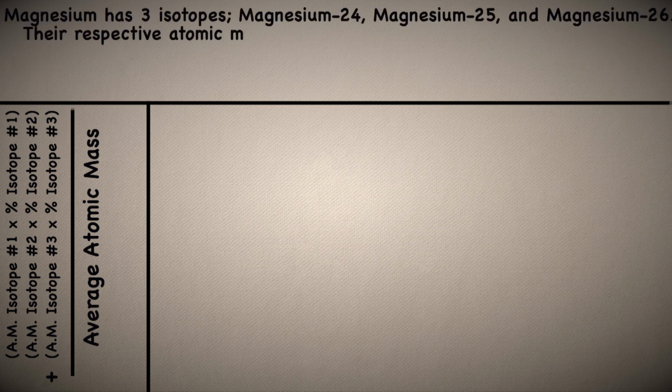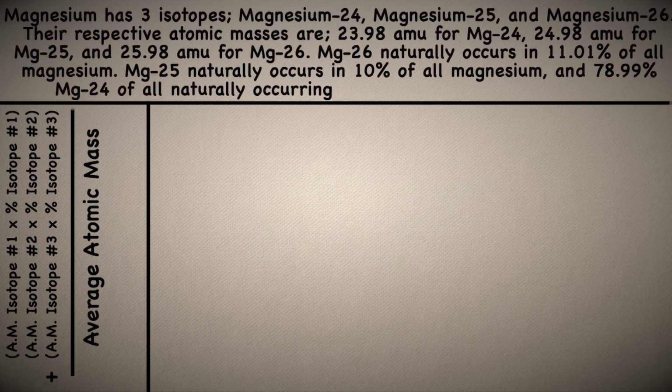Okay, last one. Magnesium has three isotopes: magnesium 24, magnesium 25, and magnesium 26. Their respective atomic masses are 23.98 for magnesium 24, 24.98 for magnesium 25, and 25.98 for magnesium 26.